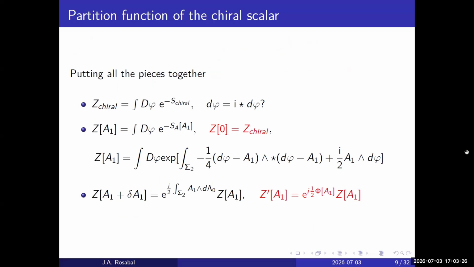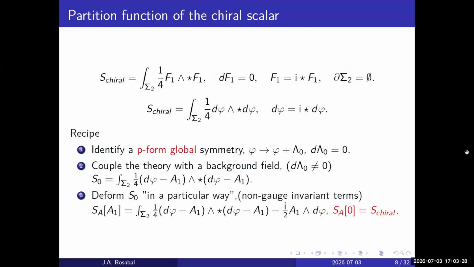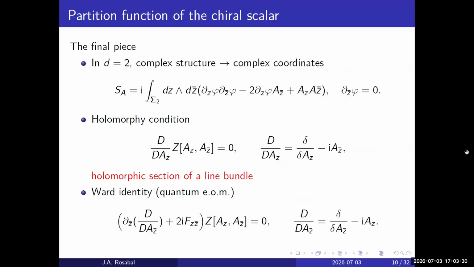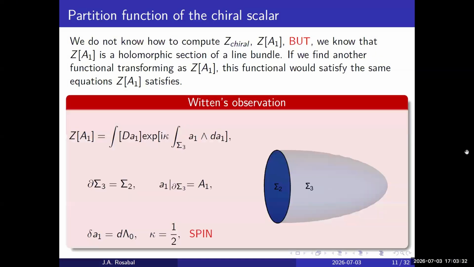So applying this idea, now I can say that this new Chern-Simons action, or this new partition function, see that this A1 here is the boundary value of this field. This small a lives in the A3, and the boundary value is on this sigma 2, which is the original manifold. This partition function is the one that solves these two equations.